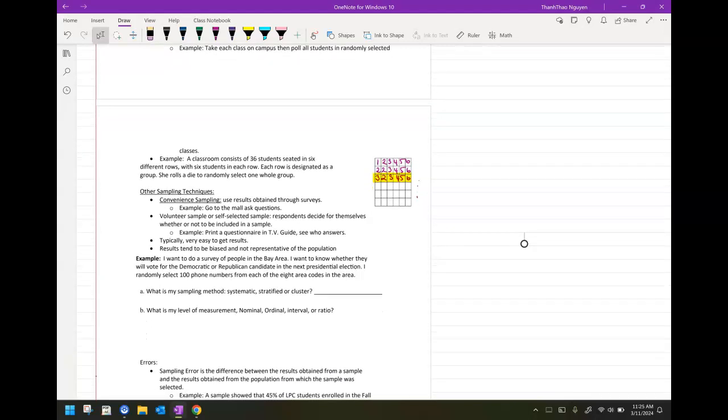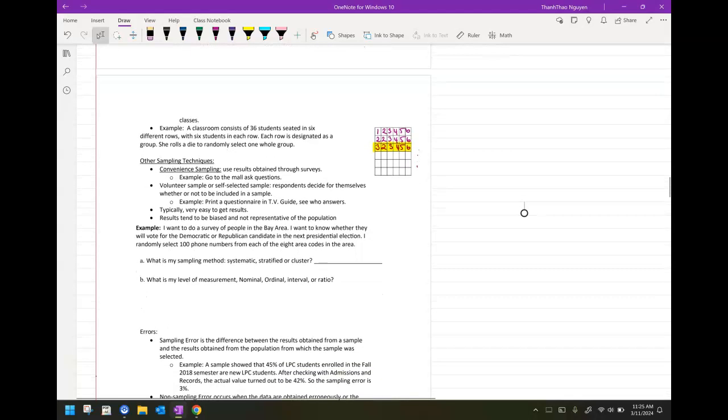You can have a volunteer sample or self-selected sample, where people decide for themselves whether or not to be included in the sample. Okay. When we collect data using convenience sampling, usually the results are very biased and not representative of the entire population.